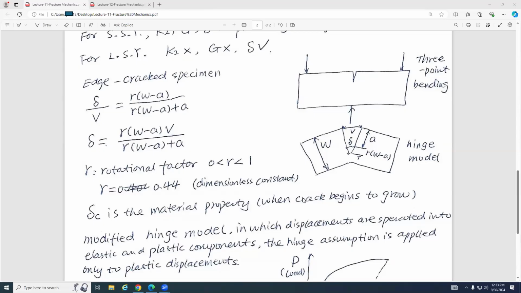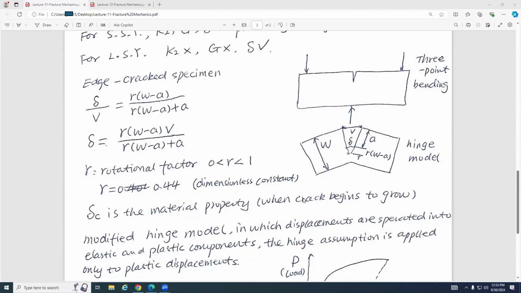For 3-point bending, in some instances we call this a hinge mode. So this point is fixed. It does not move in the X direction and in the Y direction. But when it bends, this is for visualization.